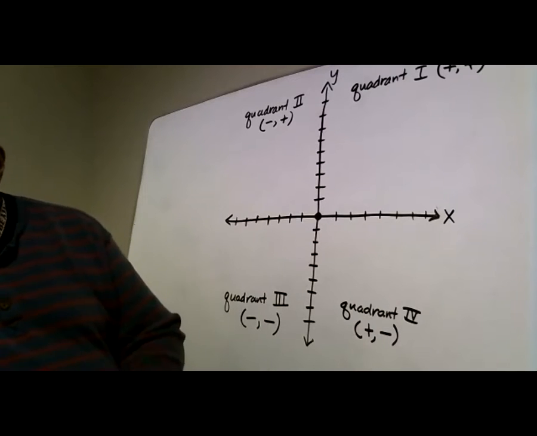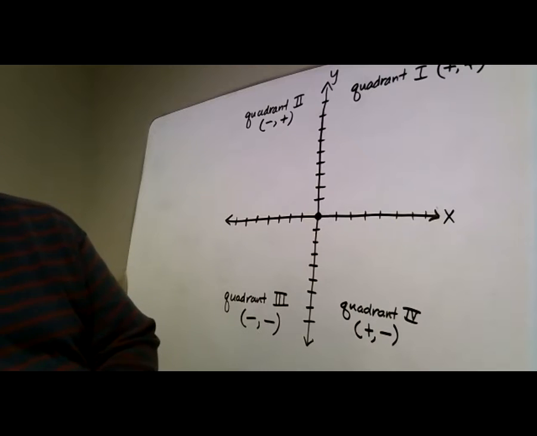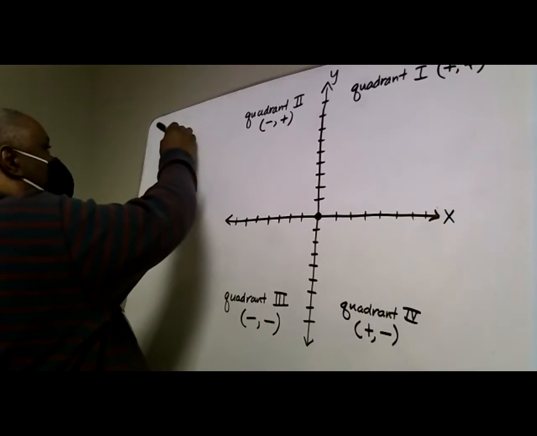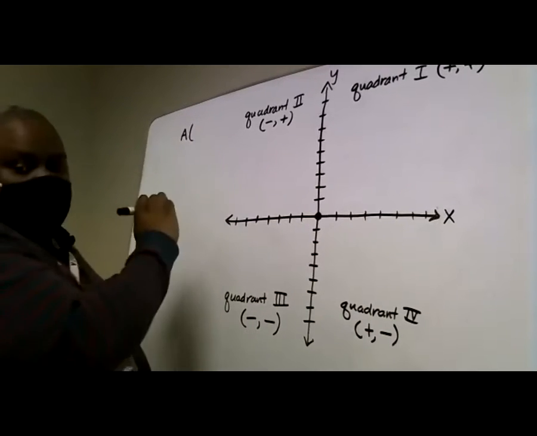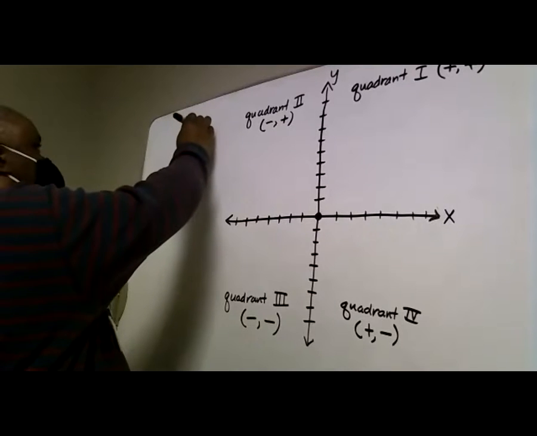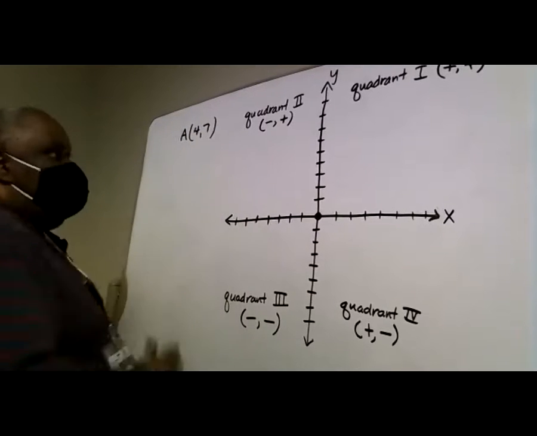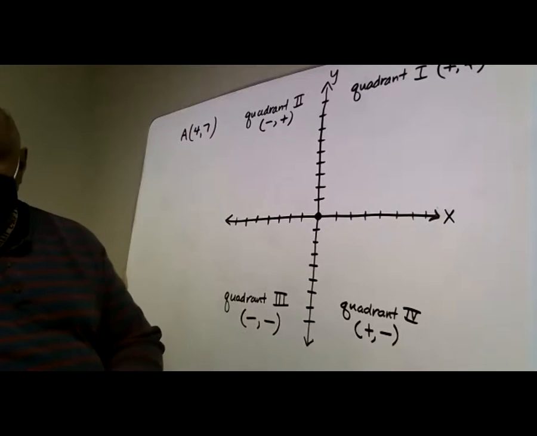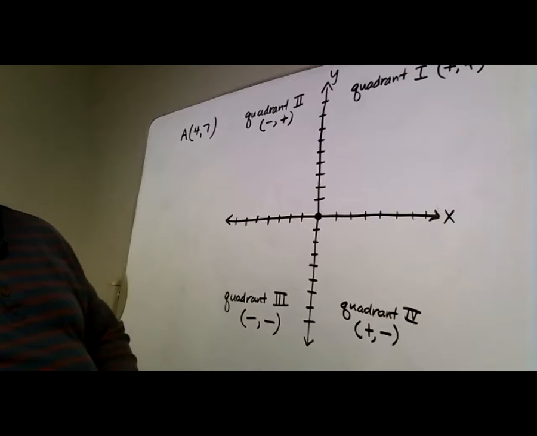All right, so let's say we had ordered pairs like this. Point A has the coordinates 4 and 7. And I want to plot that particular point on the coordinate plane.